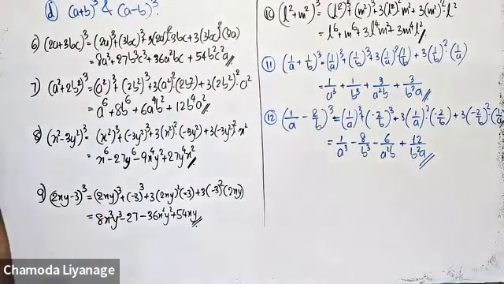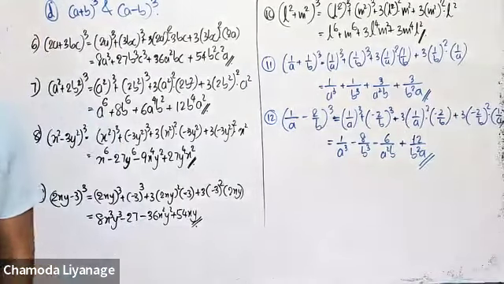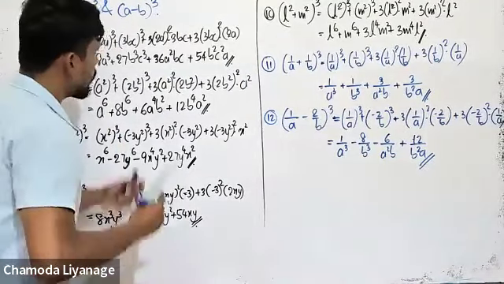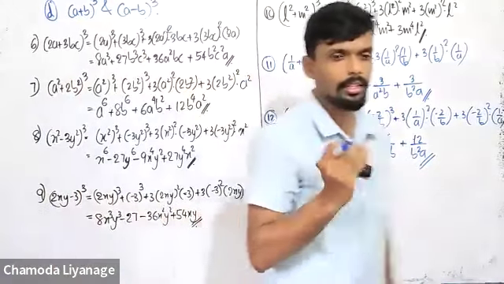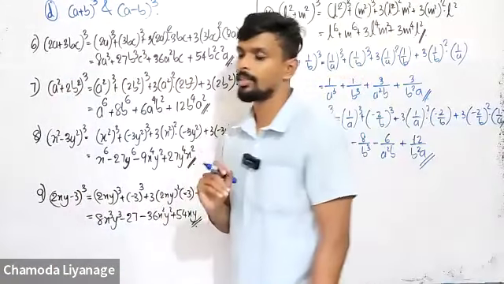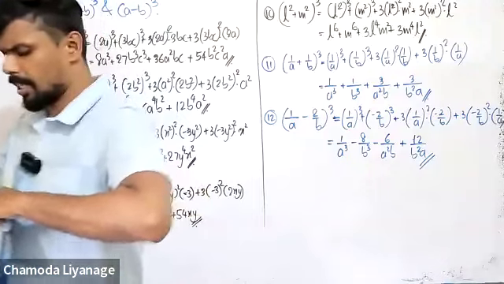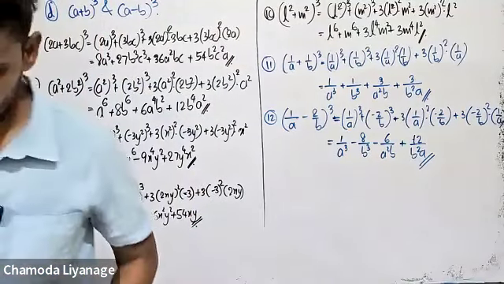So that is 12th one, right? So now I think you are okay with a plus b cube and a minus b cube, the expansions of a plus b cube and a minus b cube, okay?